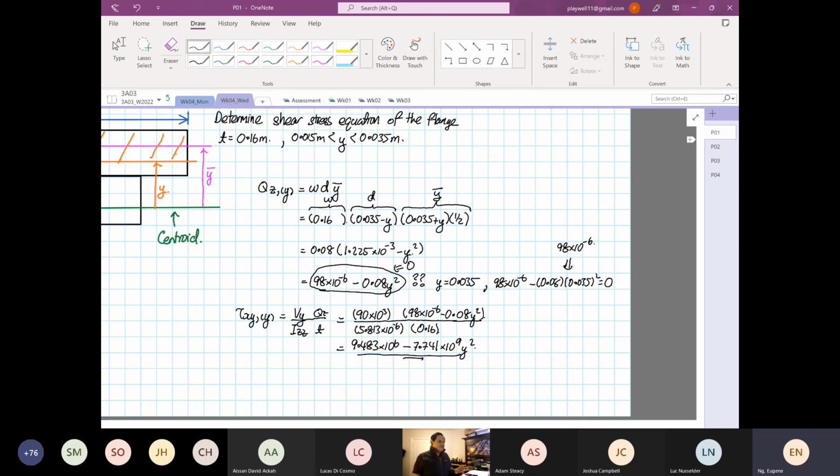It's not plus. This is just for the flange. It works in an interval. The important thing to take note of is the limits. This equation is only valid within those limits. Good question, Lucas.